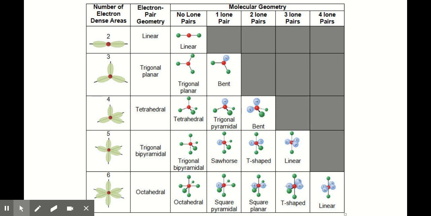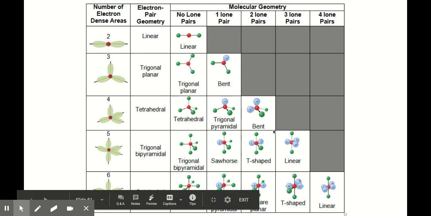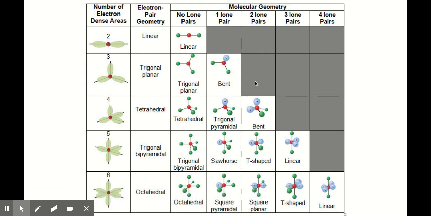So if you don't like this chart and you want to see it in a different way, you can just search molecular geometry table and you will get a ton of different examples. They will all give you the same information. Some of them will give you the angles, some will represent these a little differently. So whatever works best for you.